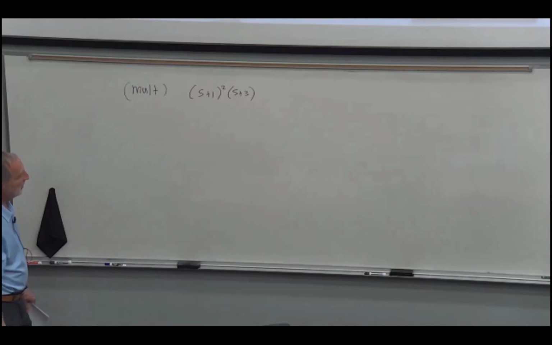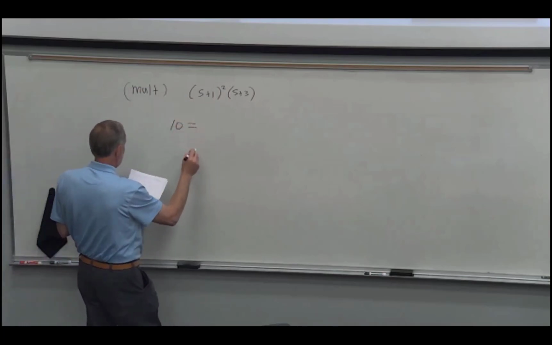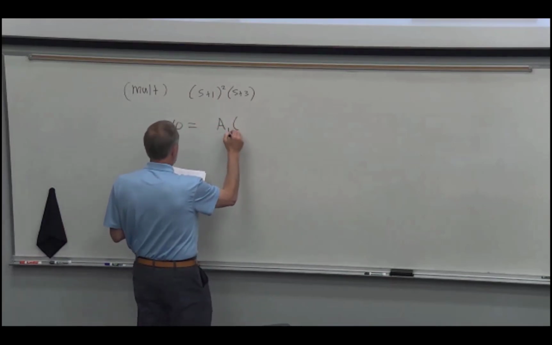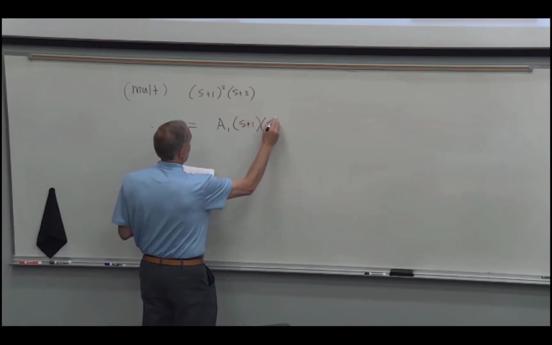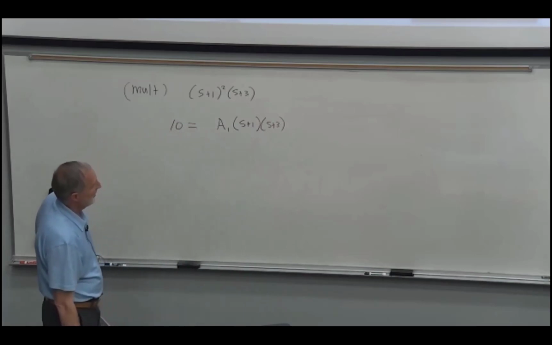So you multiply the whole thing by that, and we're going to get 10. And then we get A1, which had the (s+1) at the bottom, so we get an (s+1) times an (s+3), multiplying through by the whole left-hand side, the bottom.